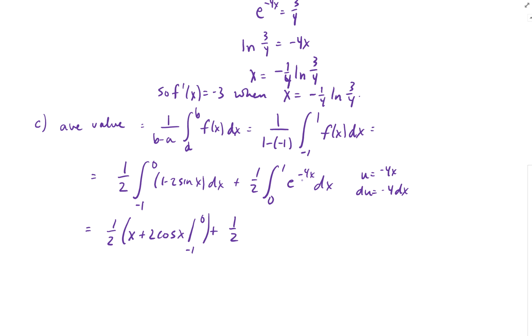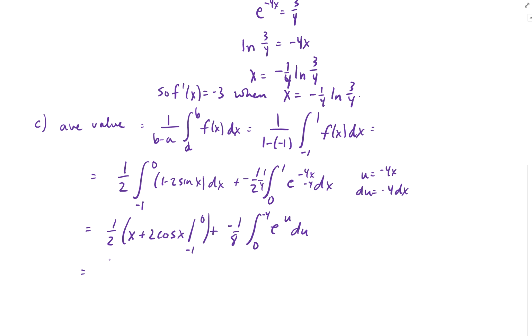So I'm going to do this as the integral of e to the u, put in a negative 4, take out a negative 1/4. I should have done it up here, negative 1/4, and then that's going to make this down here a negative 1 over 8 du, and that goes from 0 to negative 4.